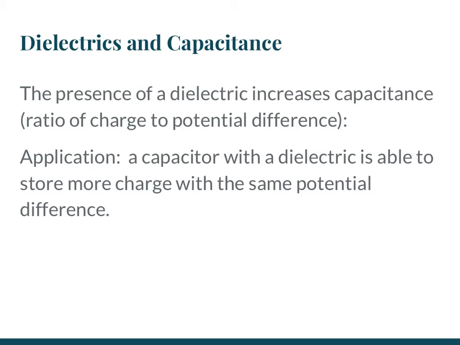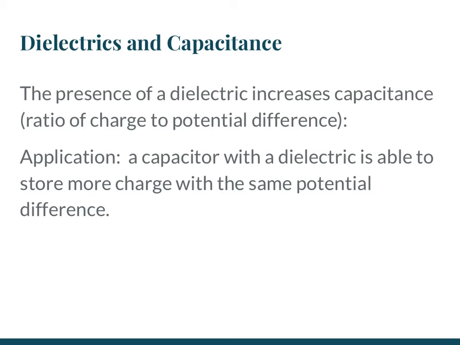So you might be wondering why this is important, why it matters, and why you would even want to increase the capacitance in the first place. So a few minutes ago, we said that capacitors are used to store charge.